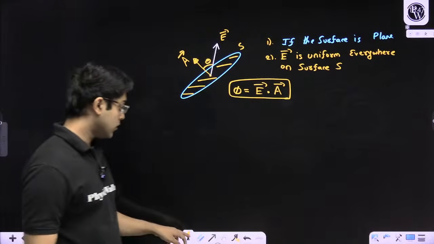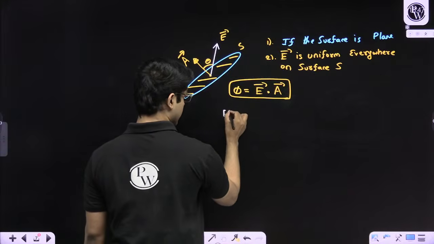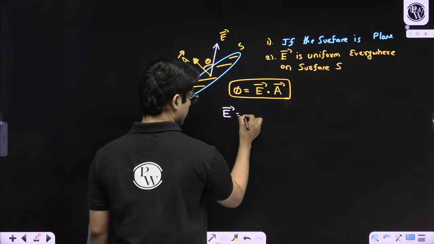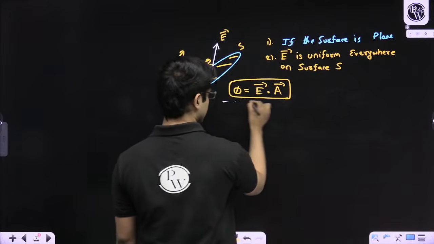In board exams you can be given the electric field vector in i cap, j cap components. Let's take a valued numerical example.